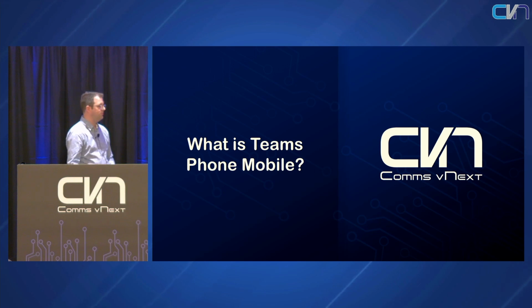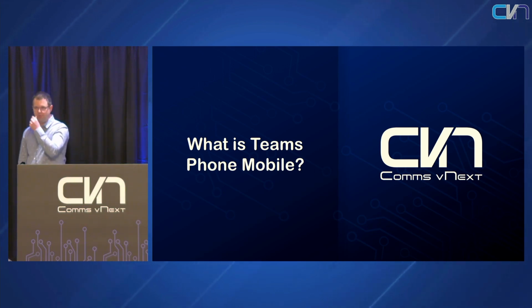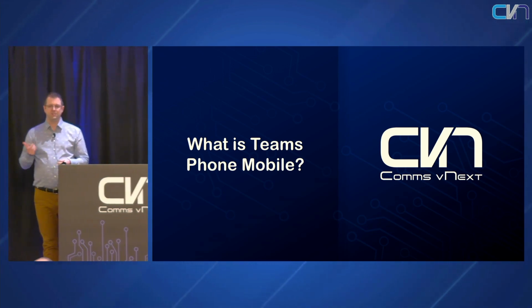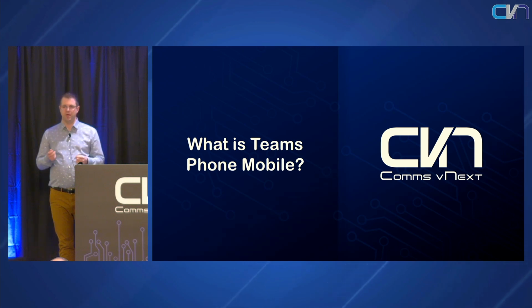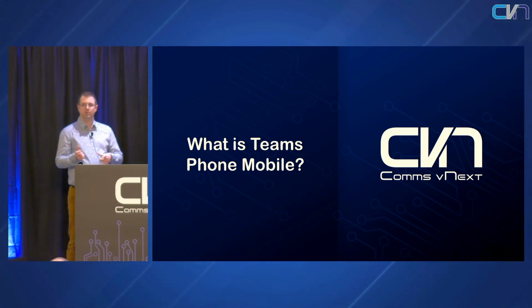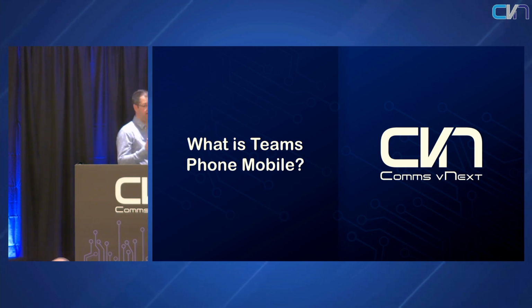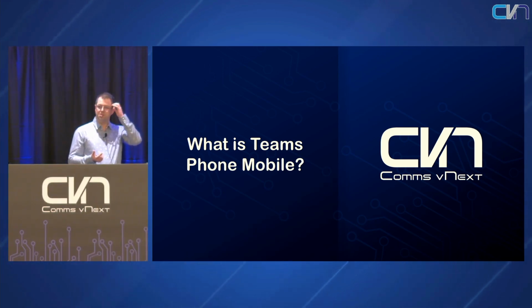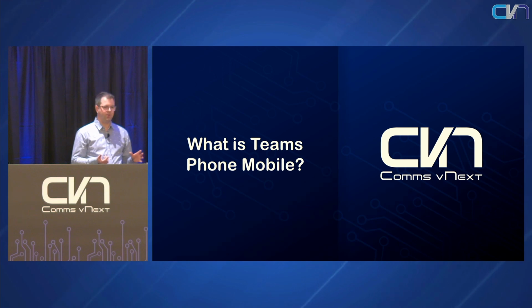So what is it? It's not your classic fixed mobile convergence, where you fork your fixed line or landline number to a cell phone number, and it also rings. That solution, and variants of it, have been around for years and years.